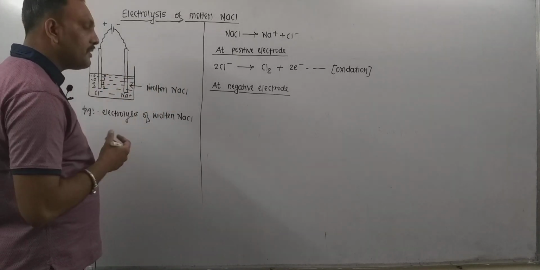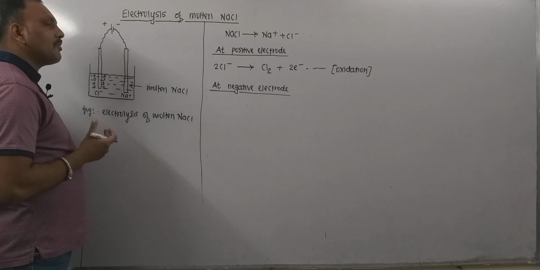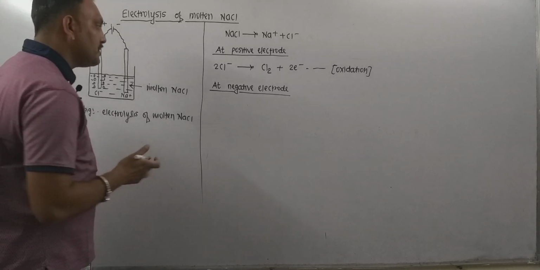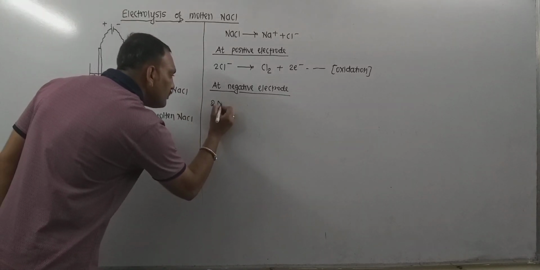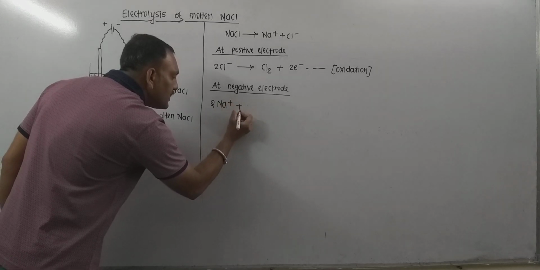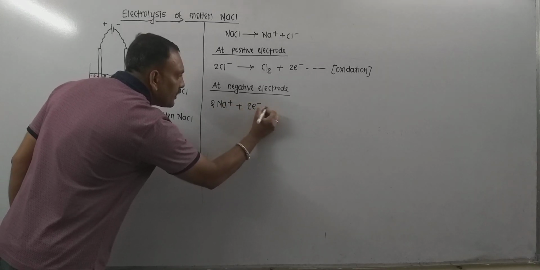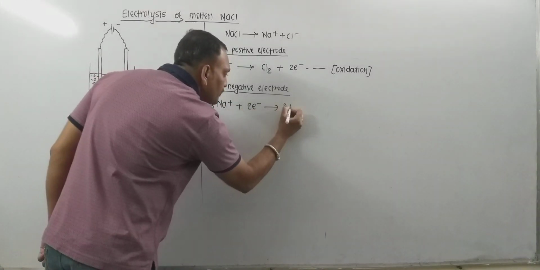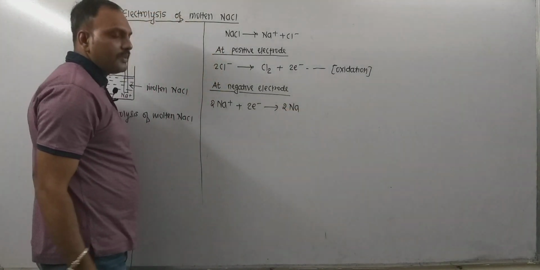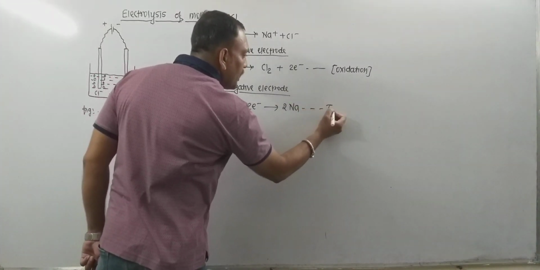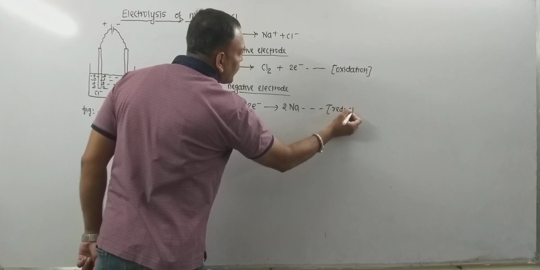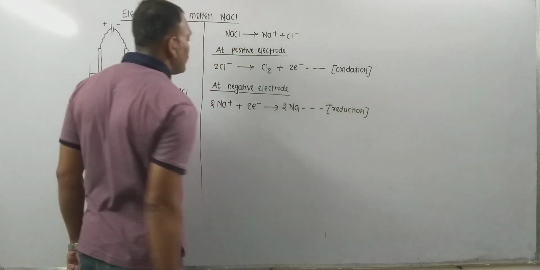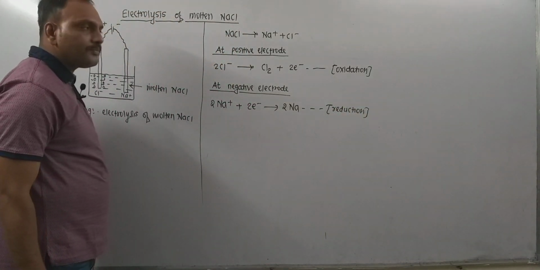Remember, this gaining of electrons is nothing but reduction. Thus the sodium ions present at that electrode gain electrons and undergo reduction. Remember, gain of electrons is the process of reduction. Thus reduction takes place at the negative electrode.